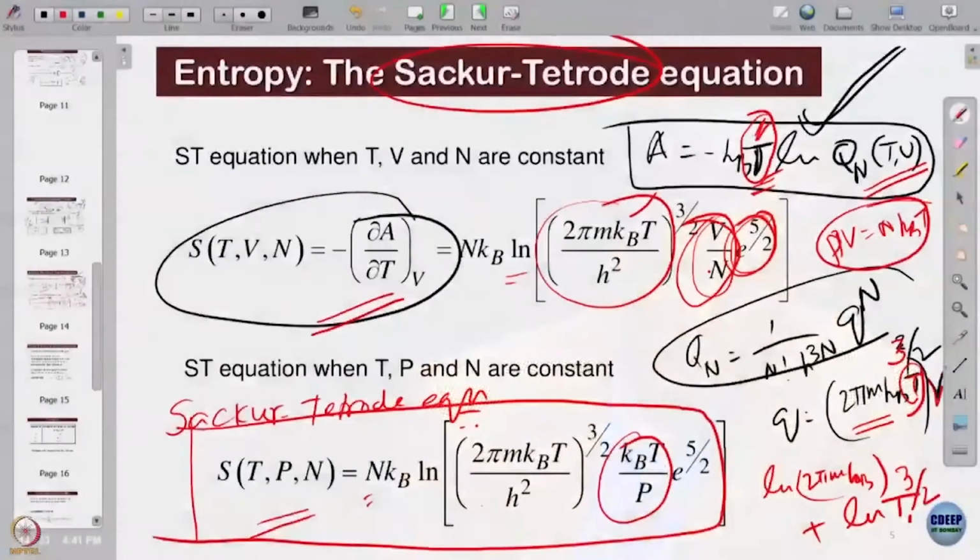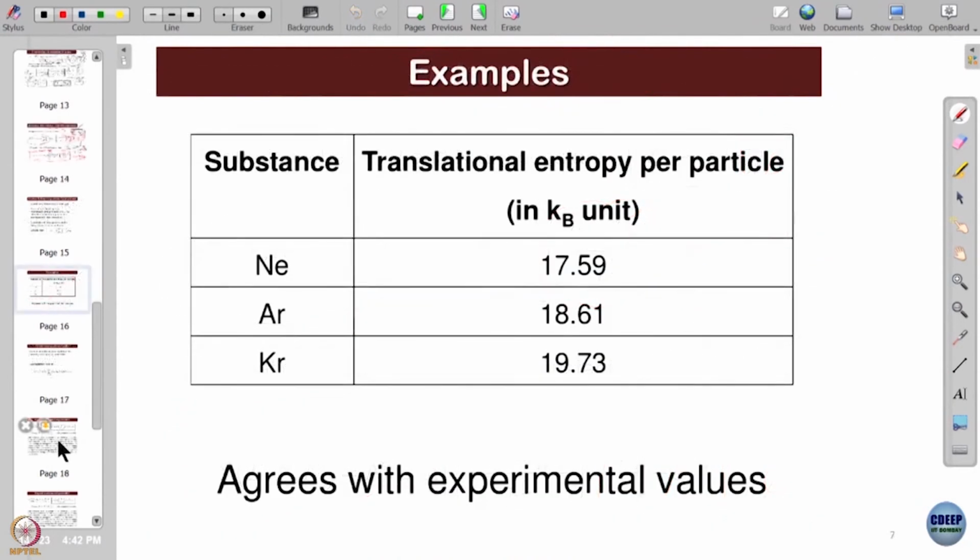So, next we will go on. One can now calculate the translational entropy. This is called translational; we have taken all the translation into account. So, the absolute value of the entropy. See, thermodynamics cannot give you the absolute value of the entropy. This is the absolute entropy of neon, argon and krypton at atmospheric pressure, though I do not remember the exact experimental conditions.